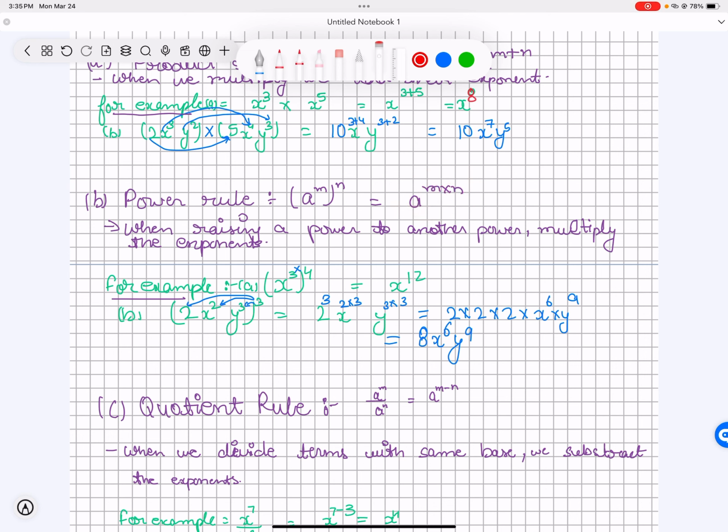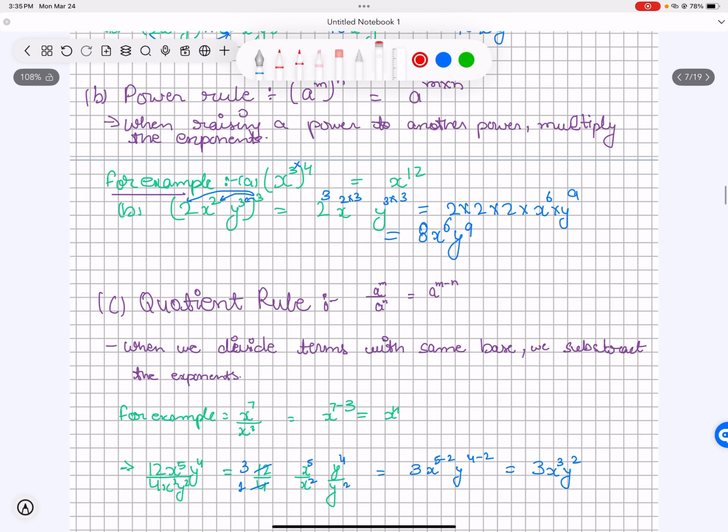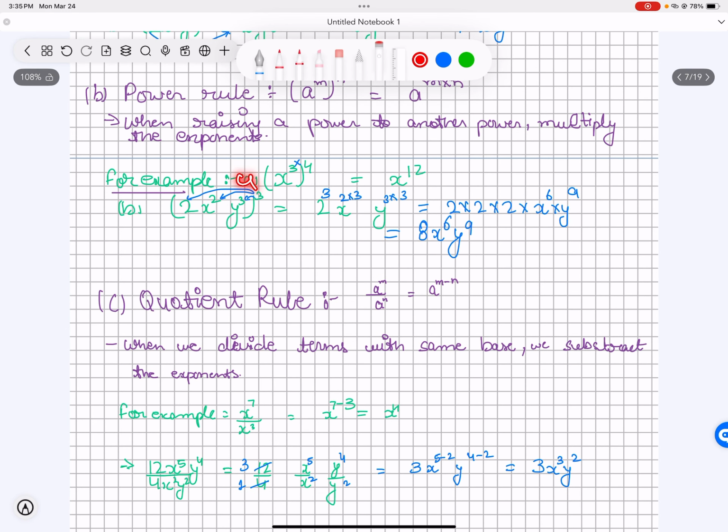When raising a power to another power, we multiply the exponents. So we multiply m into n. For example, x cubed, and the whole thing has a power of 4. So we multiply the exponents together, we get 12.